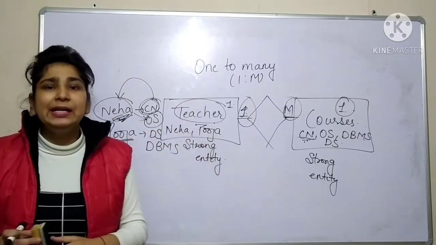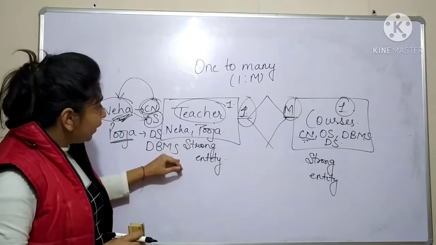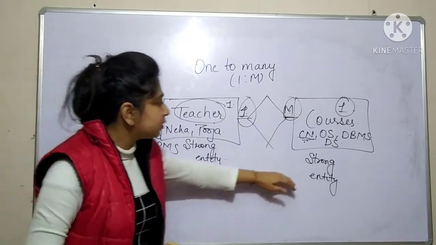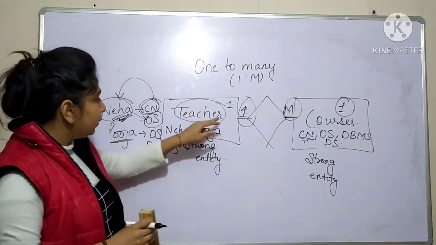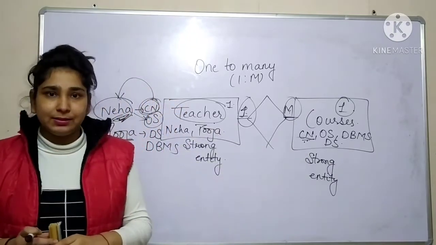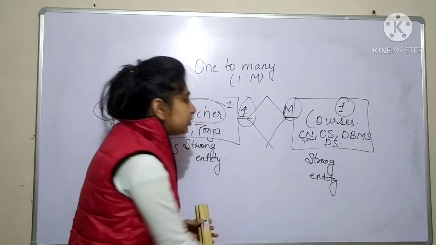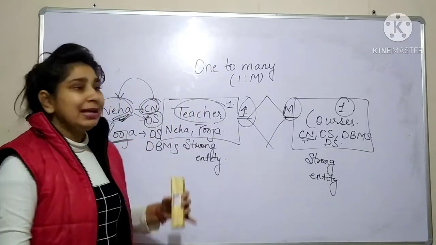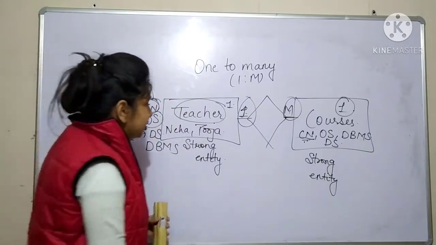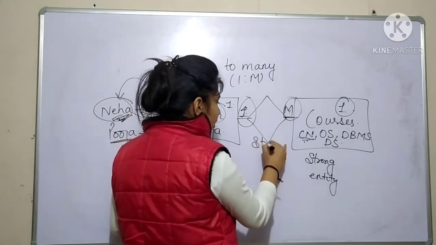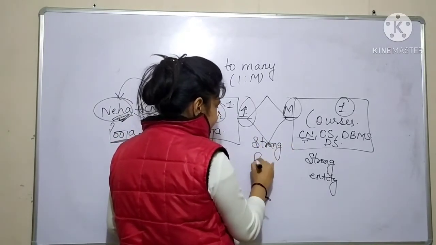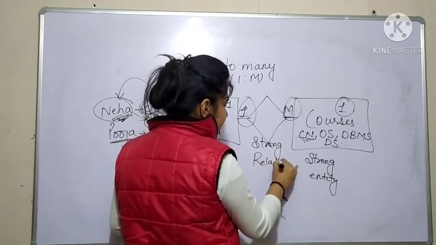You will not be deleting the teachers. So that's why there is a strong relationship between teacher and courses, because we have a relationship between two strong entities. So the relationship is actually a strong relationship.